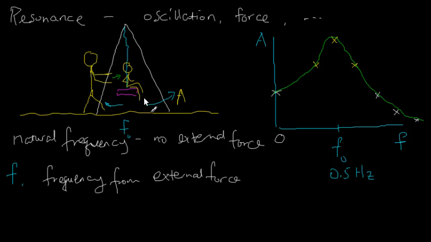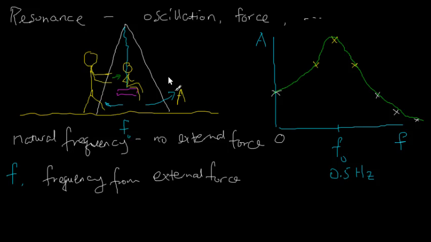We have seen how, in this example of a parent pushing a child on a swing, we can plot a graph of the amplitude of the swing's oscillation.